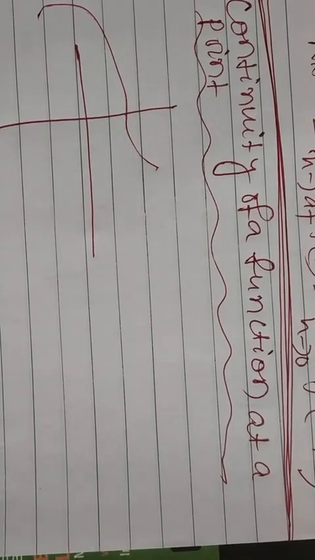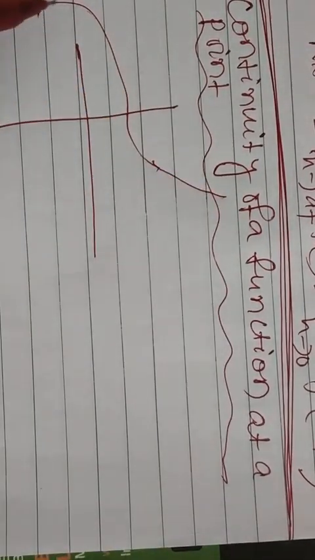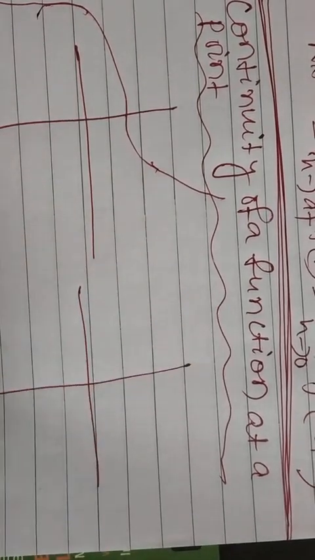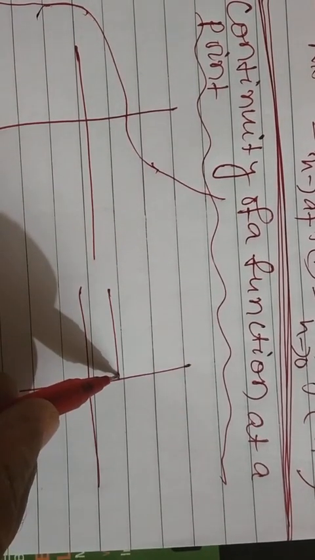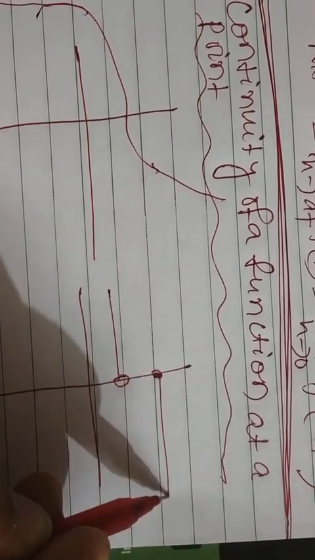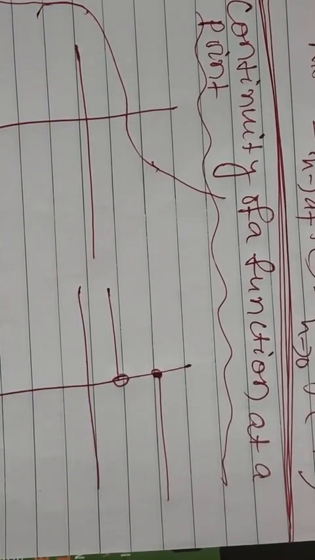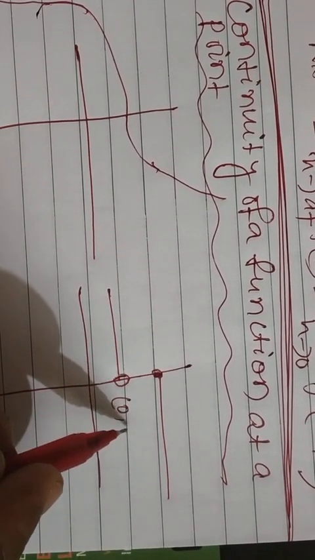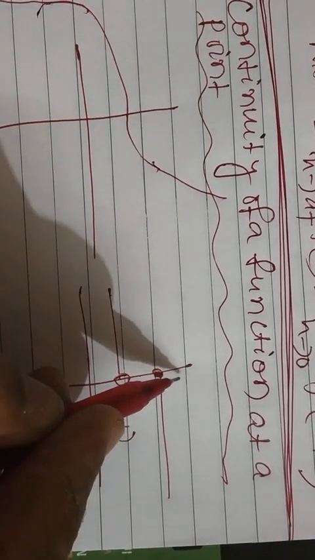Let us consider the graph of a function. This is its domain, you see, and this is another graph. This is 0, 1 and this is 0, 2.